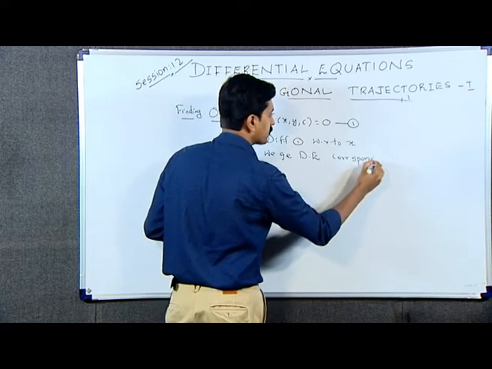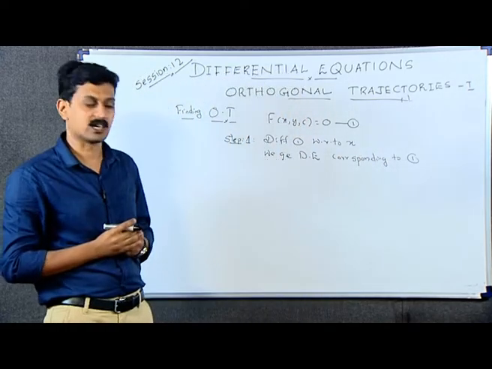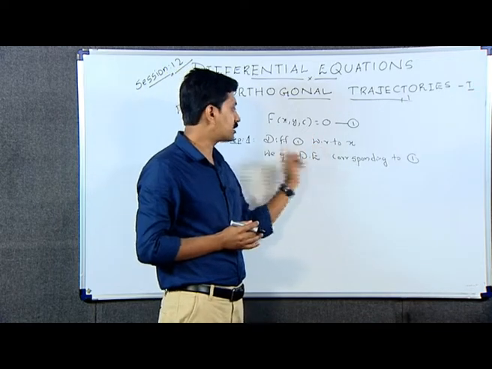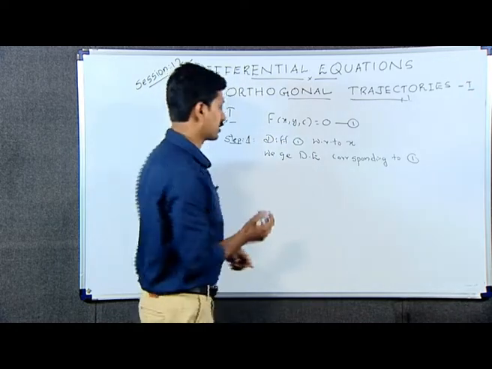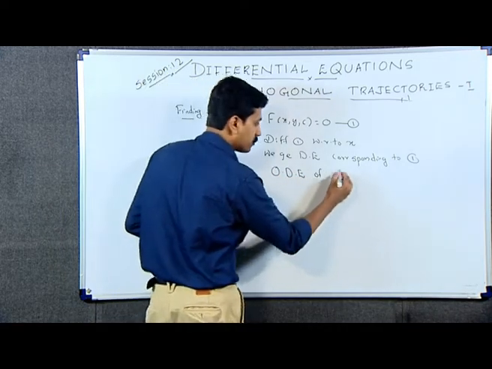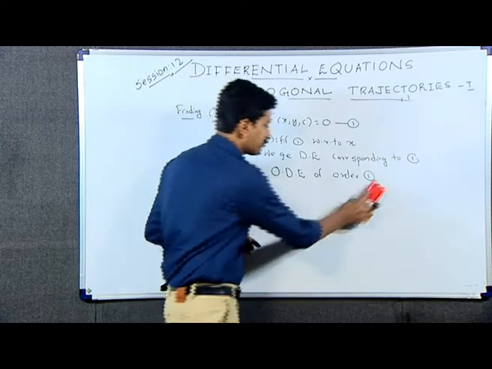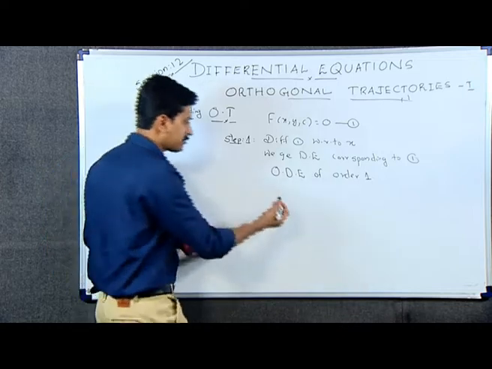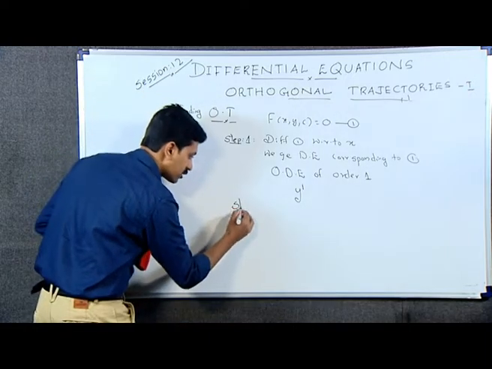Because we are differentiating only once, it is an ordinary differential equation of order 1. That means we have a first order differential equation, so definitely there exists a term of y dash. Now we will move to step 2.